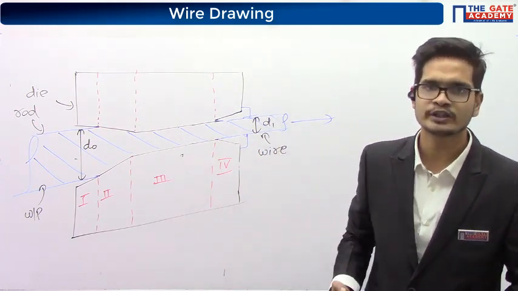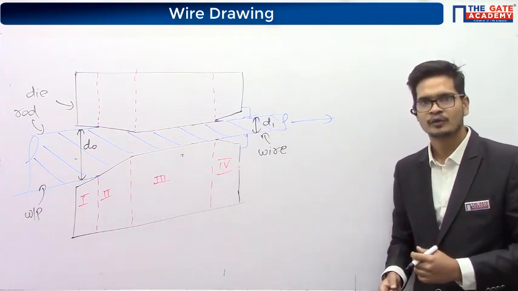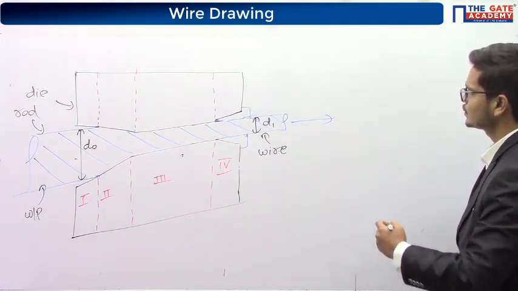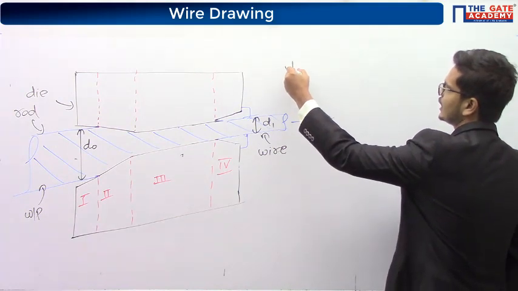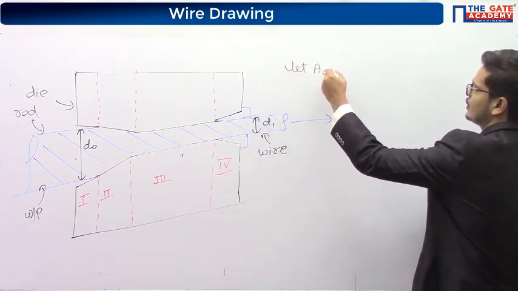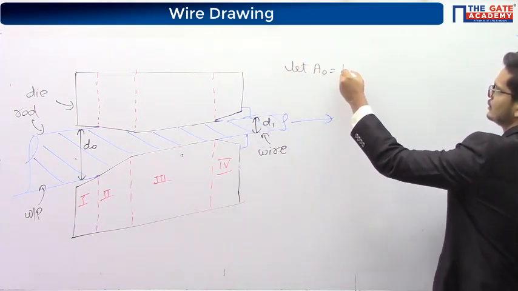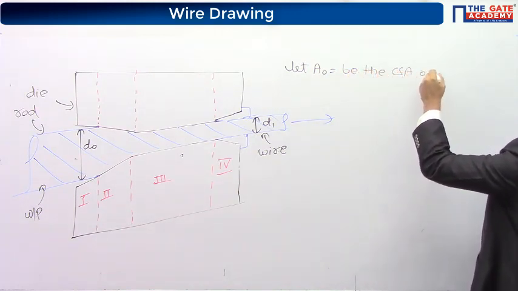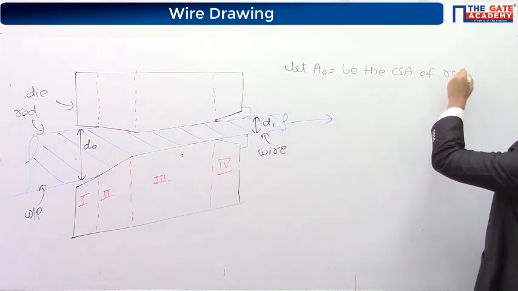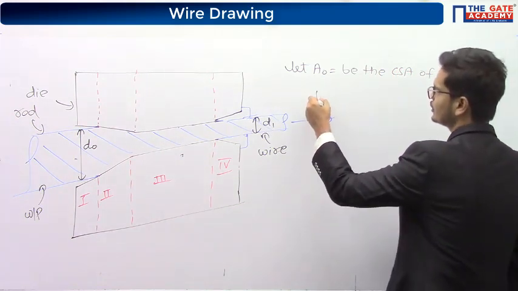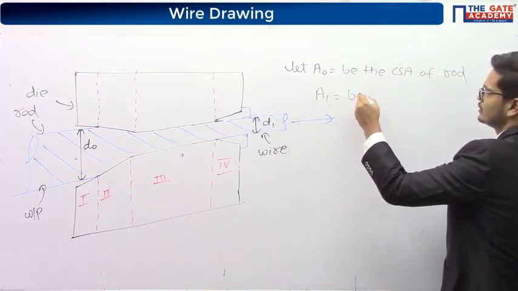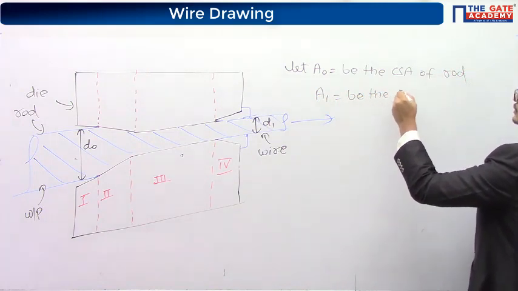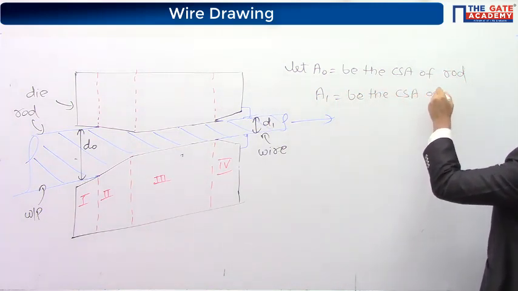And by going through all these dies, there will be some reduction. Okay. So, let A0 be the cross-section area of rod. A1 be the cross-section area of wire.